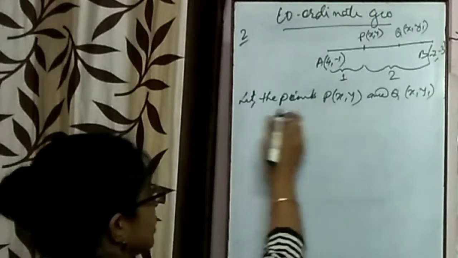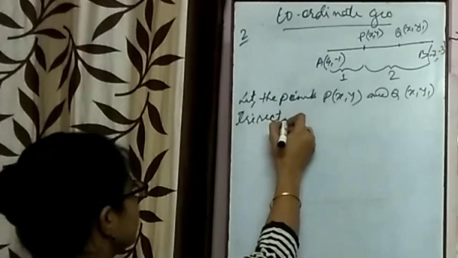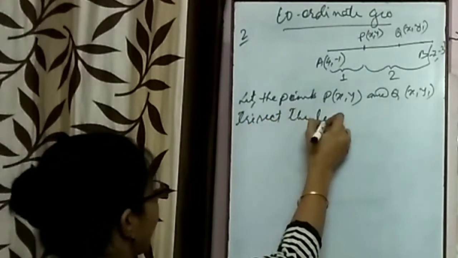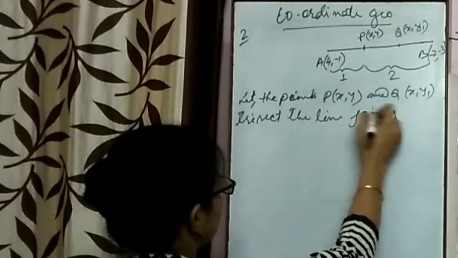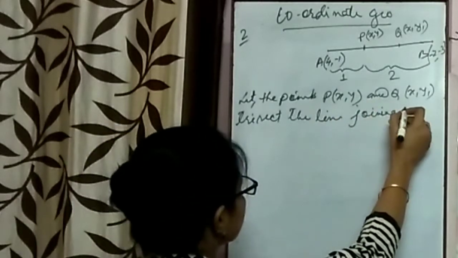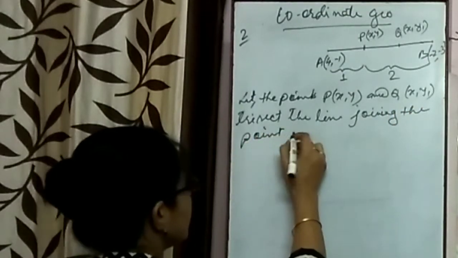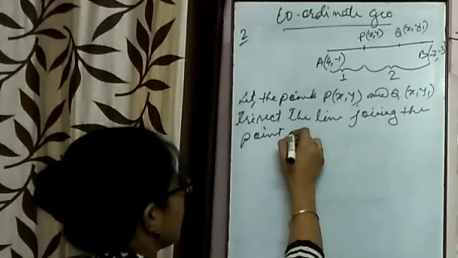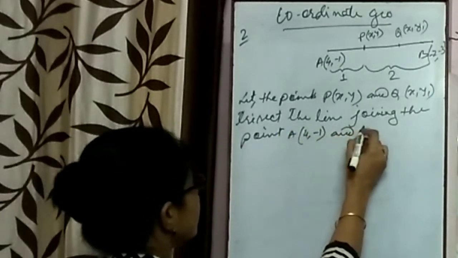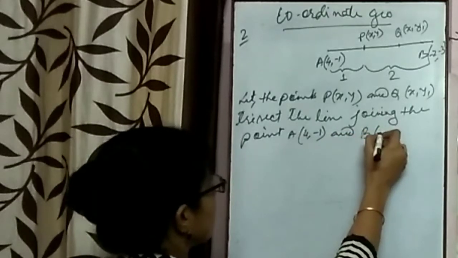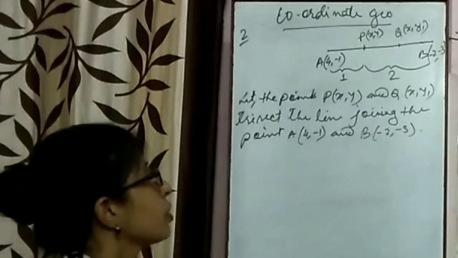Let the points these and these trisect the line joining the points A and B.